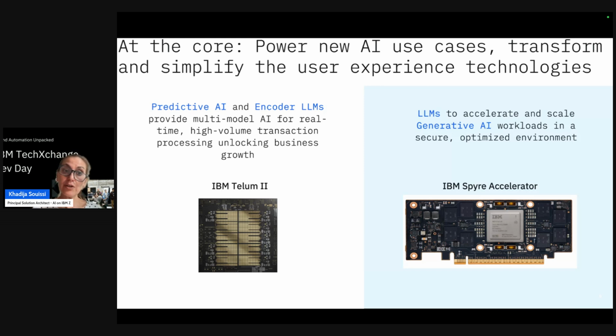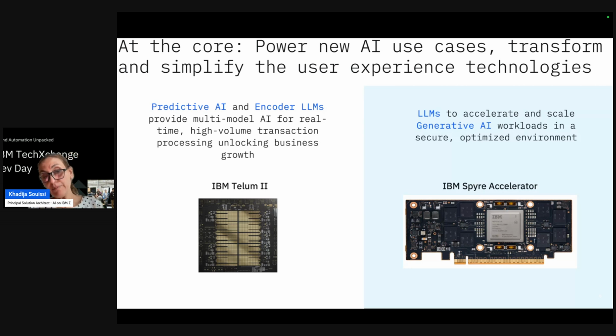And the combination of predictive AI and encoder LLMs brings a lot of advantages, as we are introducing this kind of multiple model AI to enhance the outcome and also optimize the insights that we are getting from predictive AI in the transaction. So this is what we call the transactional AI.